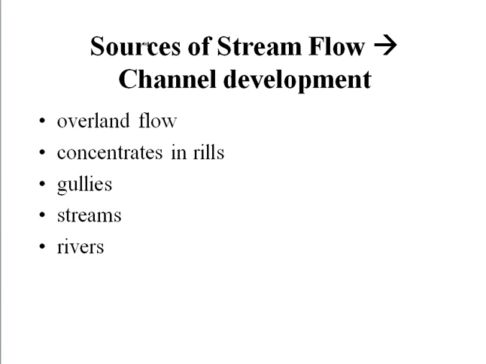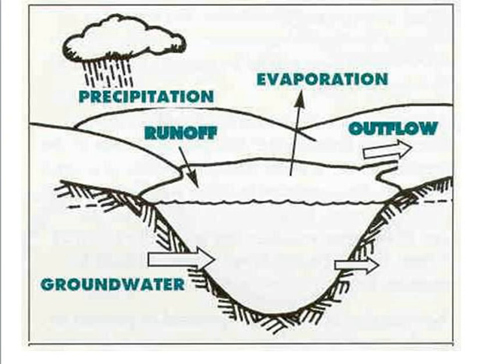As more and more water collects, it may start to concentrate in areas and create small little divots or rills. The rills will eventually be eroded or confined into gullies, and then gullies into streams, and streams into rivers. So there's a process of different types of development into that river system.